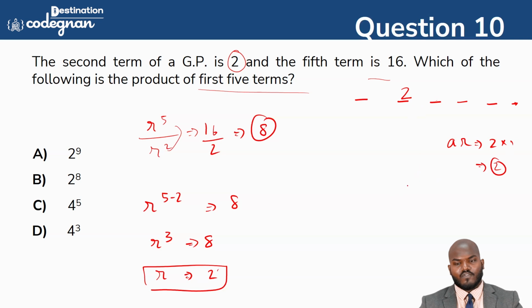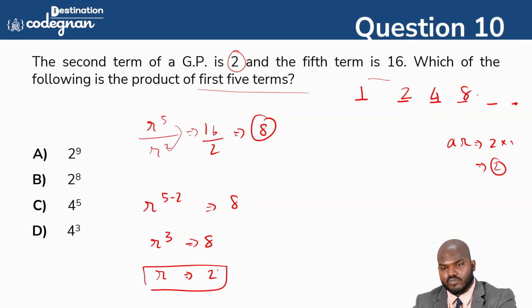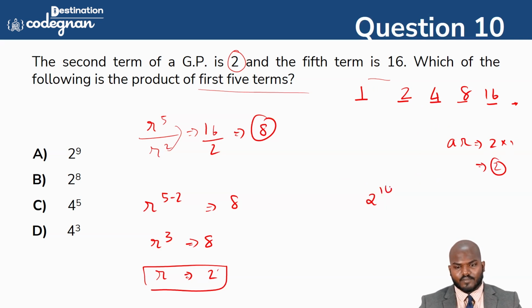With respect to this, we can say that r is equal to 2, and the sequence will come like this: 1, 2, 4, 8, 16. If you think of the product of the first 5 terms, it will give you the value 2 power 10.